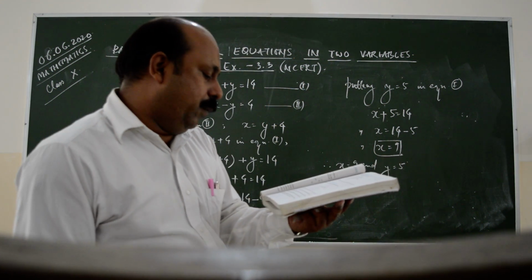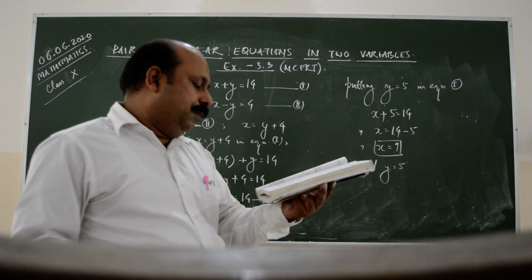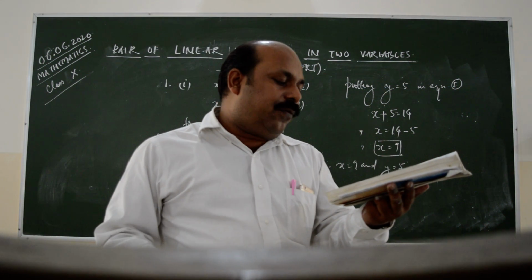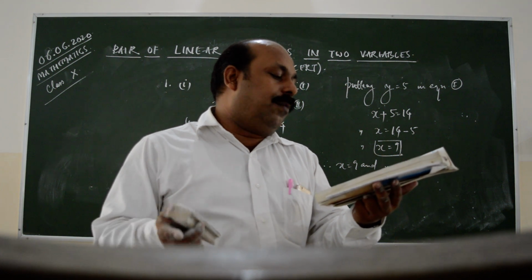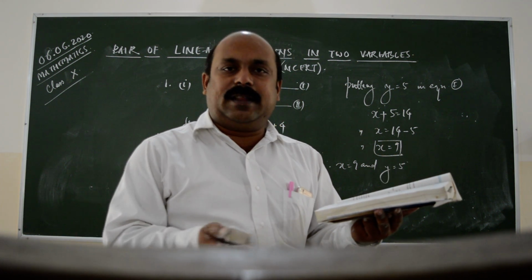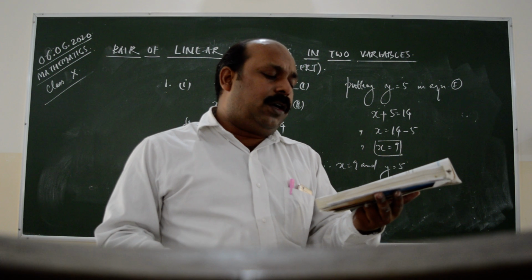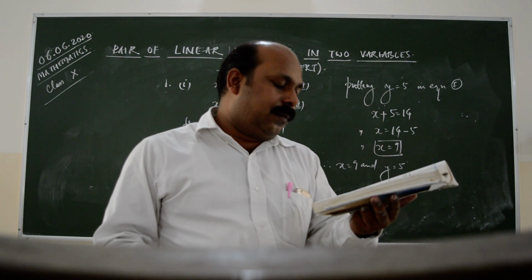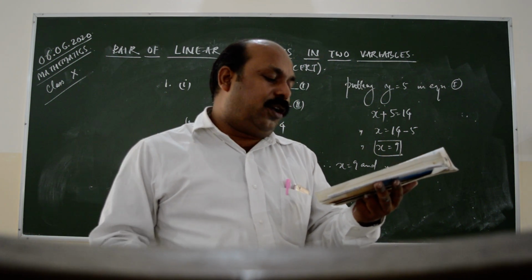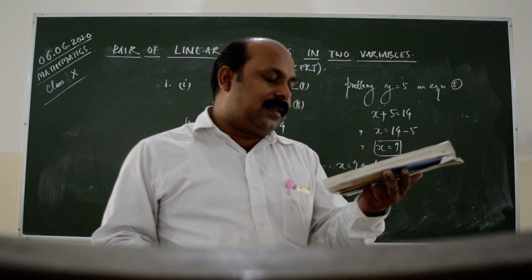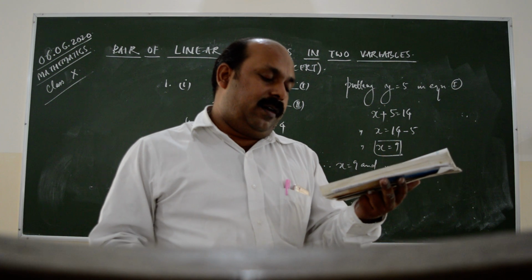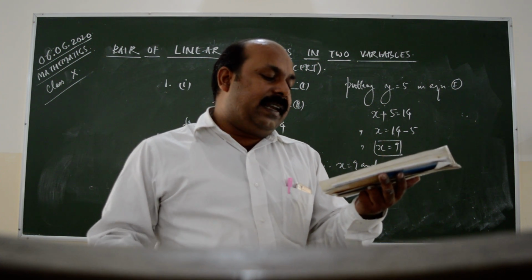Let me do one for you. I am solving question number 3 part 2, because all the parts of question number 1 you can solve in the same manner. Question number 2 can also be done in the same way. Question number 3 part 2 I am discussing. The larger of two supplementary angles exceeds the smaller by 18 degrees.